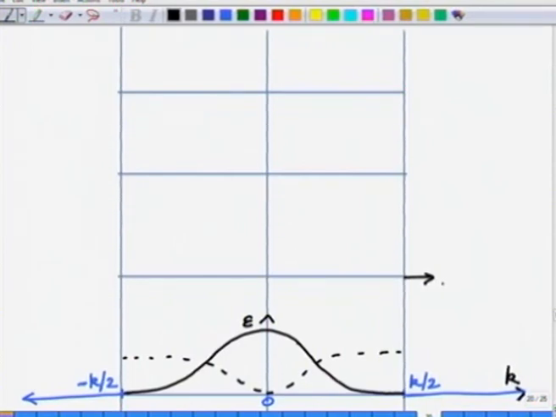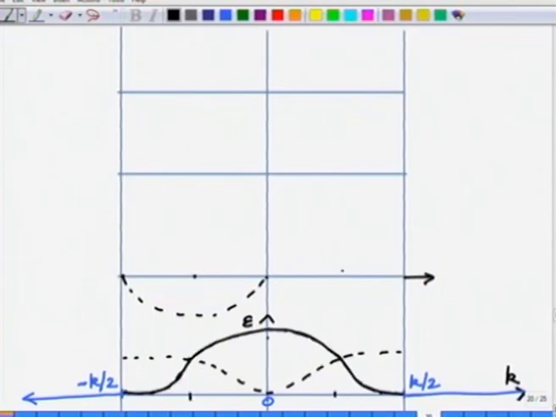What happens is, if I look at the dashed line, the dash type of curve, then we start somewhere here and up to this point the slope is negative. So, velocity is negative. It goes something like this, goes through a maximum here and then goes through a behavior like this.